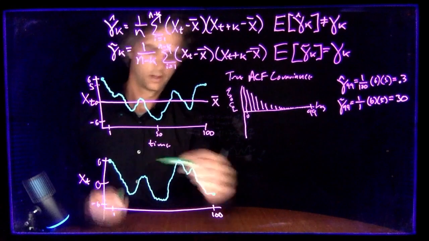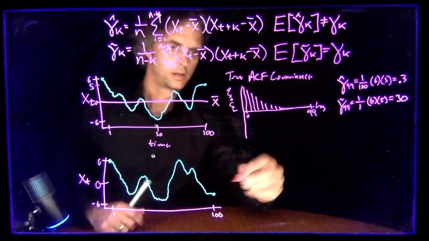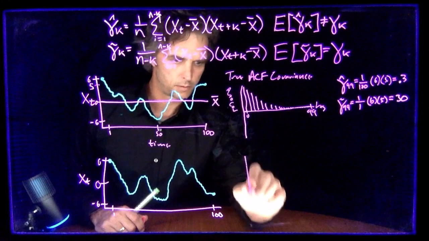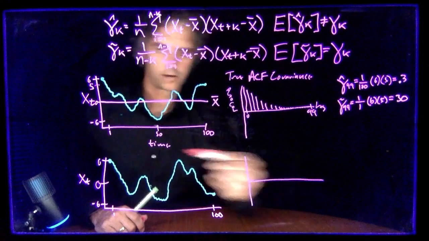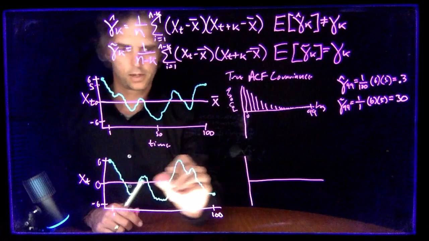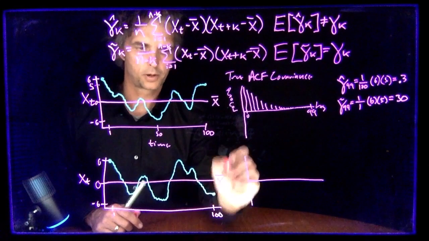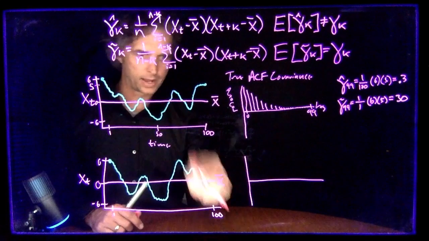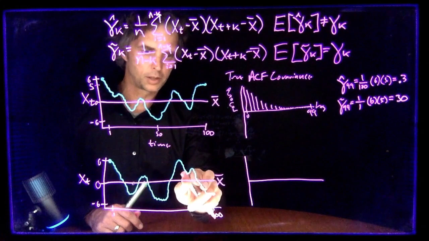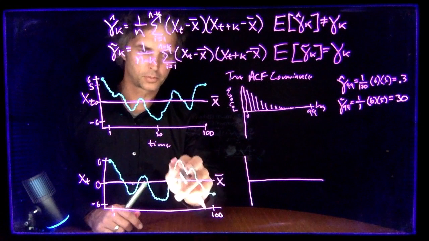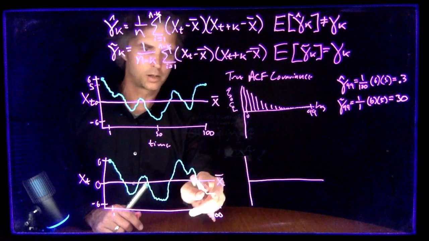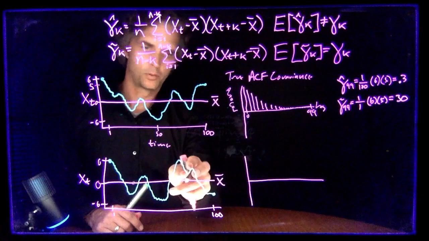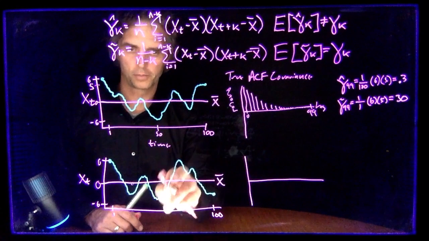Okay, same thing, right? I could just draw a line there, but why not? Let's just remake this. If this is the mean, x bar at 0, at lag 1 those two juxtaposed points are almost always going to be both above or both below. At lag 2, almost every pair is above or below the mean together.